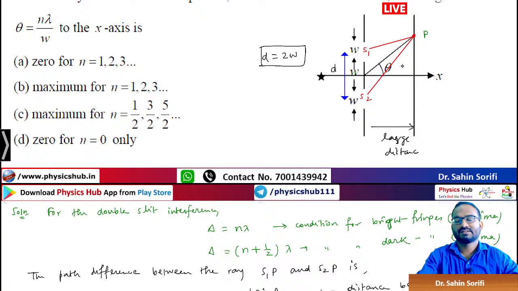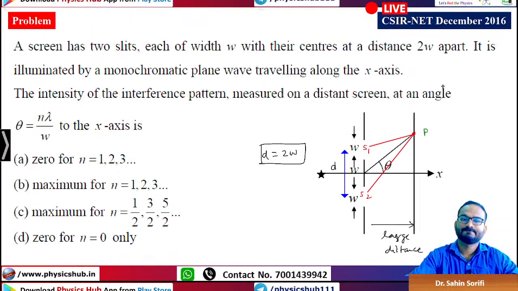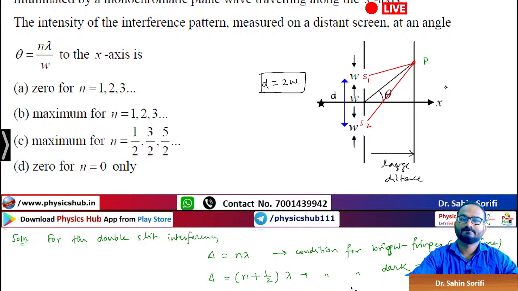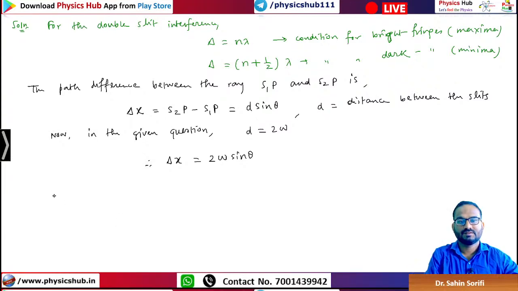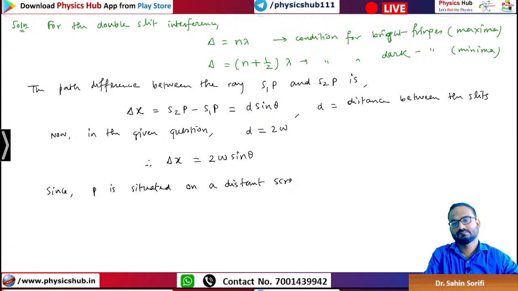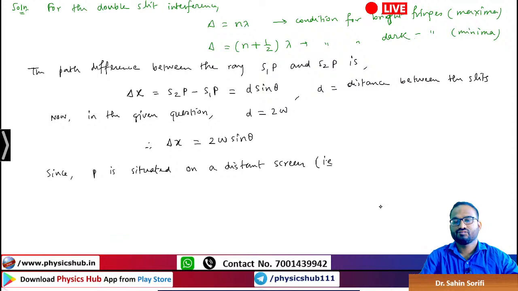Now, as the screen is situated at a large distance, we can imagine that this theta value is very small. Since P is situated on a distant screen, if I consider this to be D, then D is much greater than small d.